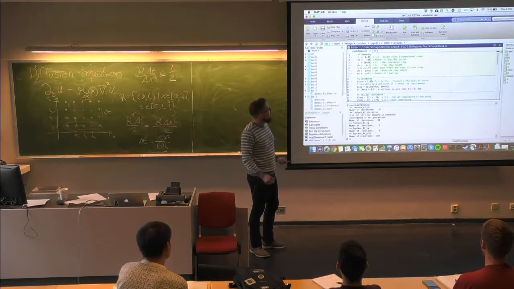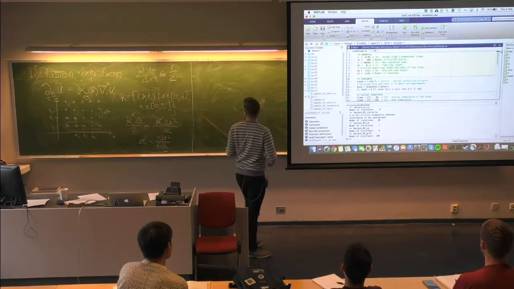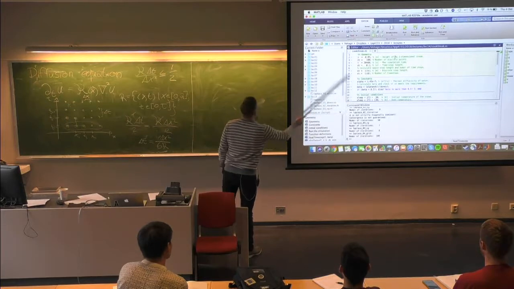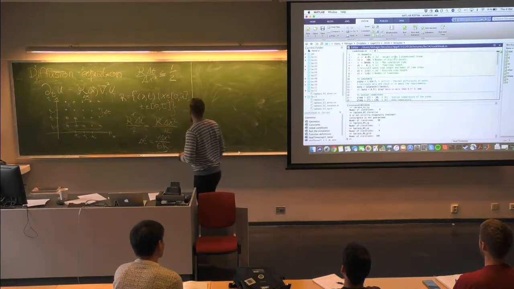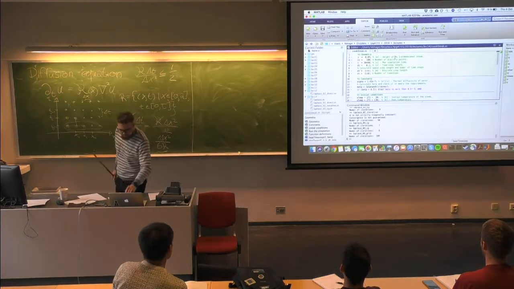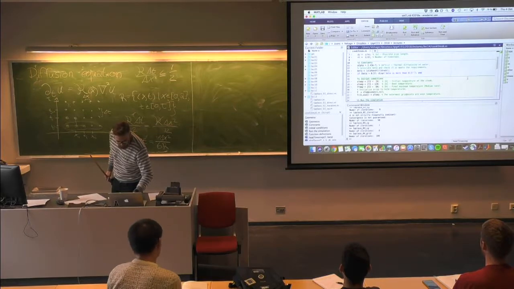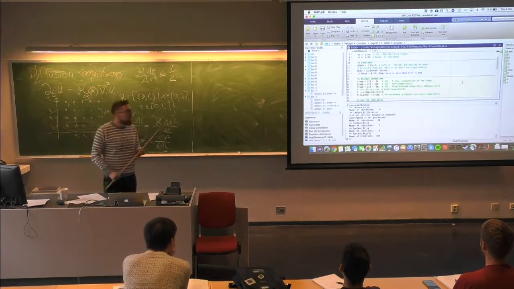Then I calculate this beta, which is in the notes here. Alpha is kappa, I just named it differently. Initial conditions. I told you that you need initial conditions. That is the initial temperature of the steak, so steak temperature.